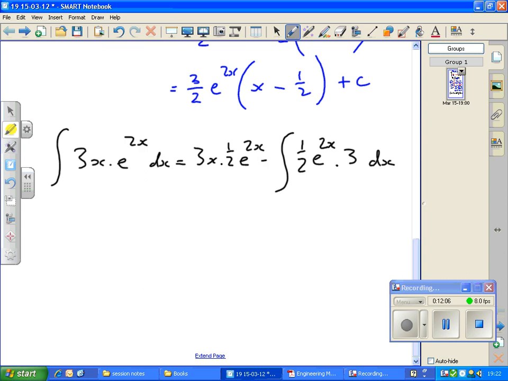I've written this line so that underneath we can write the integral of u dv, so that's the u bit and that's the dv bit, equals uv, that's the u bit and that's the v bit, minus the integral of v du.